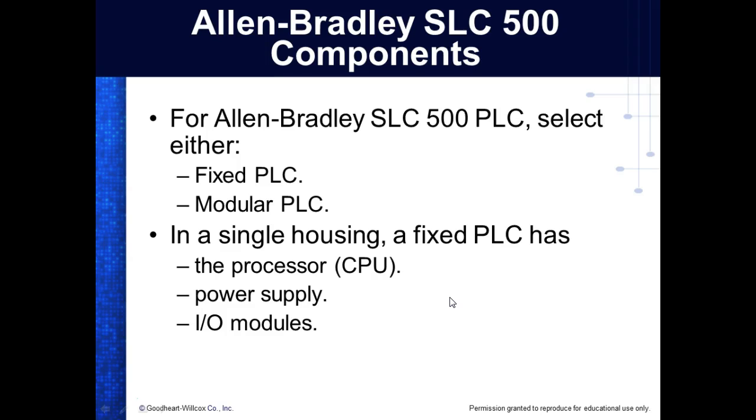So a fixed PLC, which is what the 1100 is. So what advantage does a modular PLC have over a fixed PLC? You can expand it, right? You understand. What else?